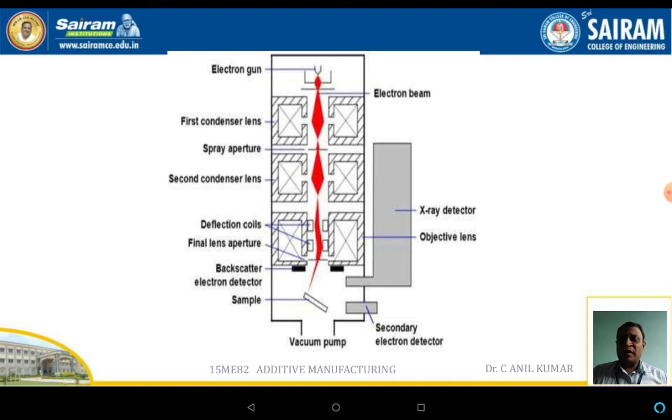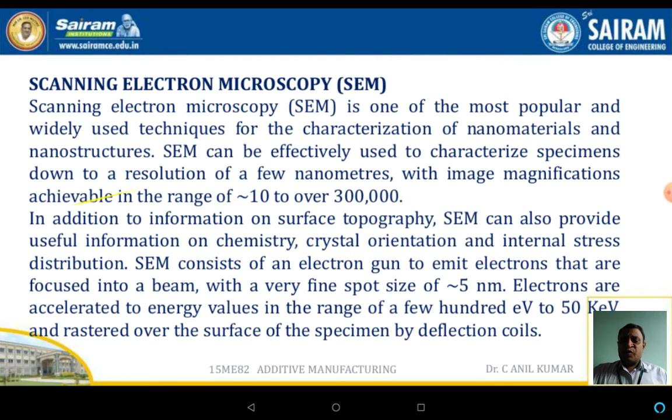The electron beam emerges from the gun and is transmitted through the lenses and impinged on the sample, by which magnification can be achieved. The magnified image can be seen on the computer.